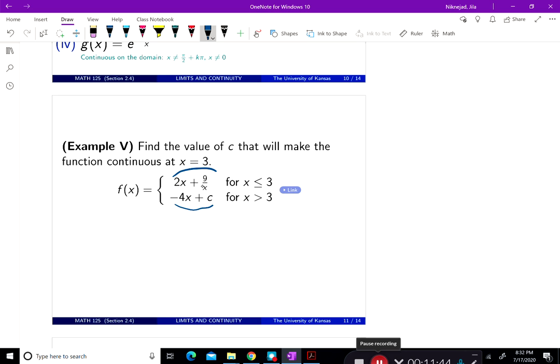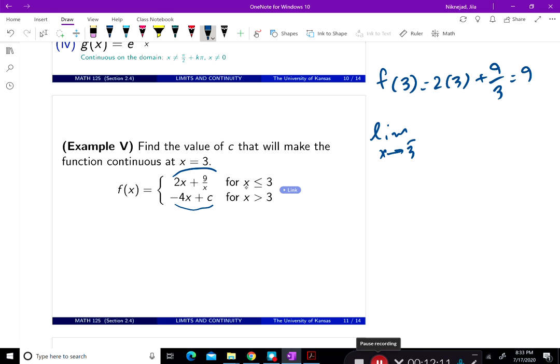the left piece of the function, and so basically f at 3 is equal to (2 times 3 plus 9) over 3, which is (6 plus 9) over 3, which is 5. Now, in the other part, I have to find the limit as x approaches 3 from the left side.